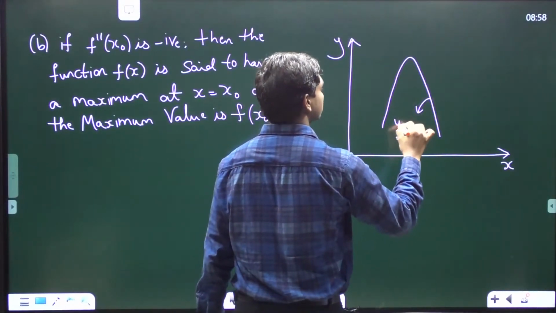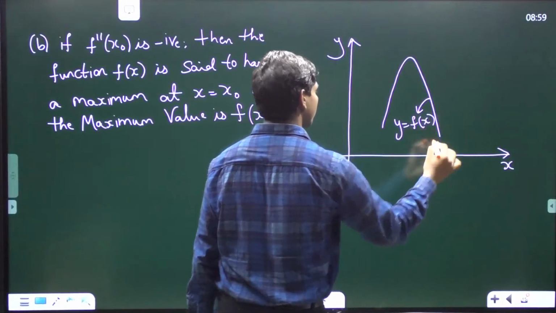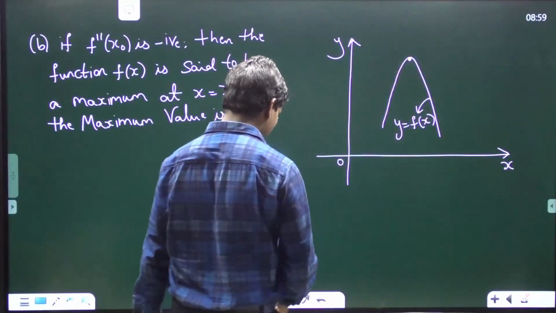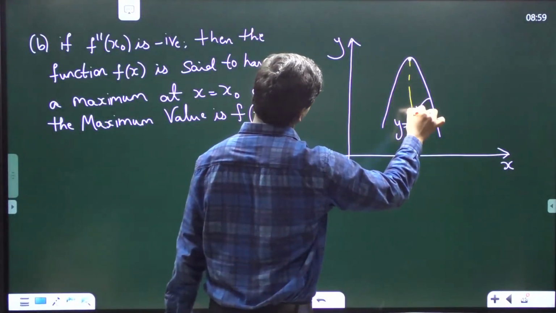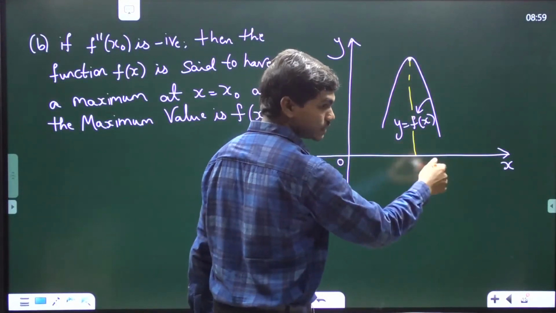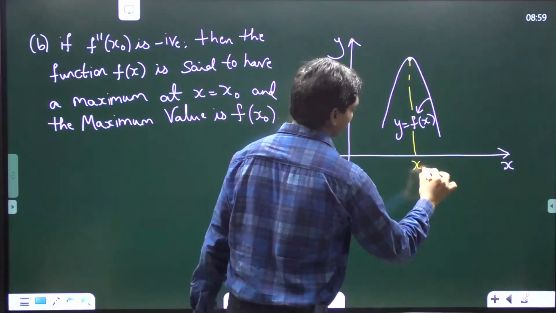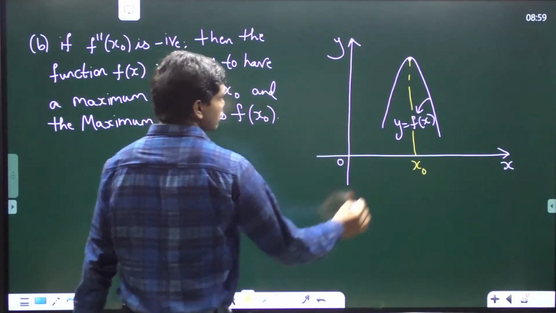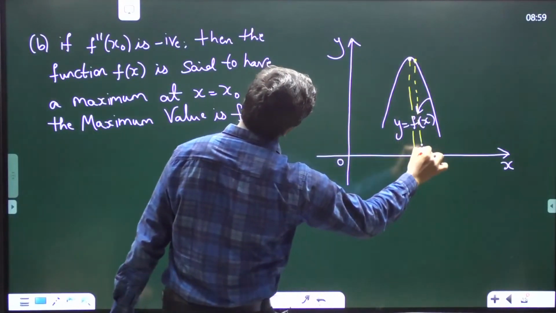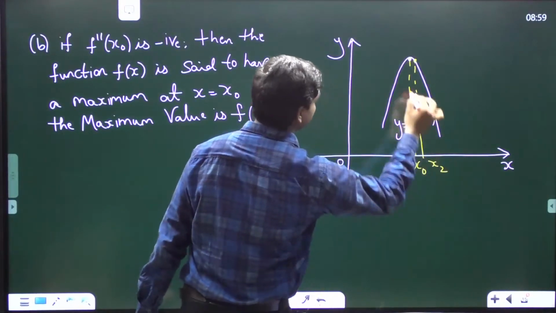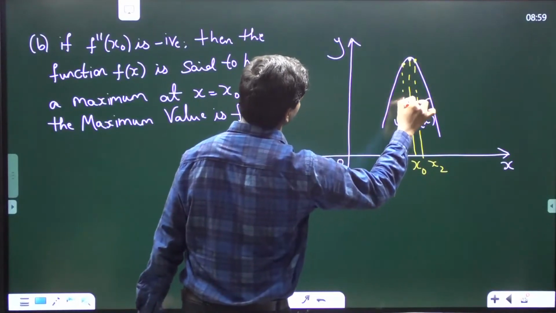This is the function y is equal to f of x. Now this is the point where you have maximum. I hope you could draw this diagram along with me since you have exposure now. This is x naught, let us suppose this point is x2 and this point is x1.